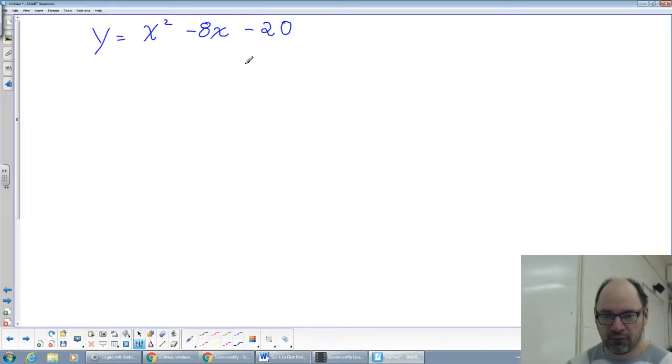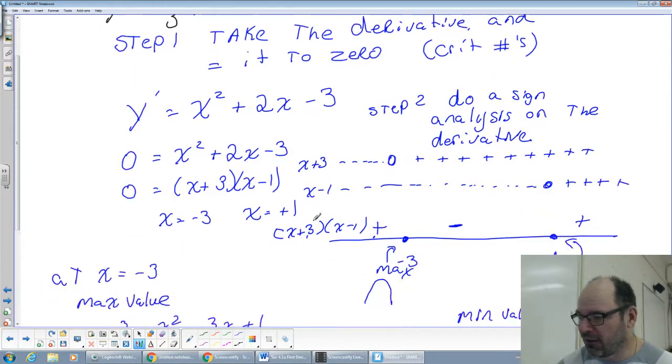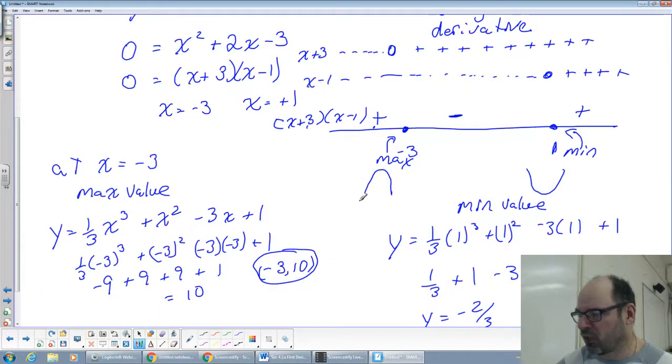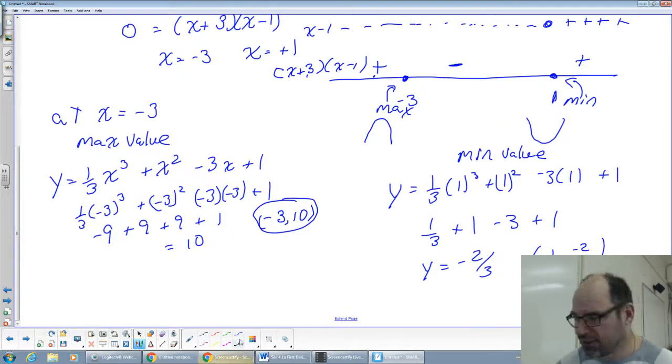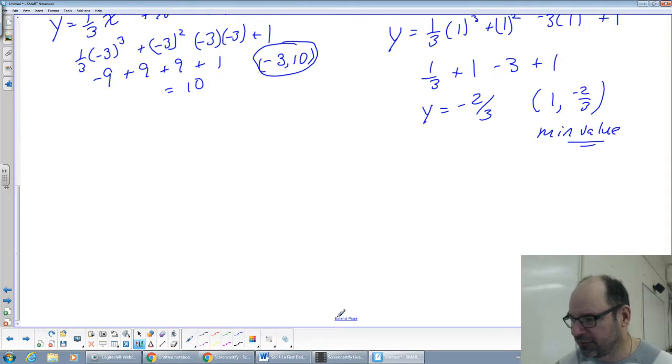Now I might say, where is it increasing and decreasing? Sometimes the question will ask you, what are the intervals of increase and what are the intervals of decrease? So let's go back to this one for a sec.